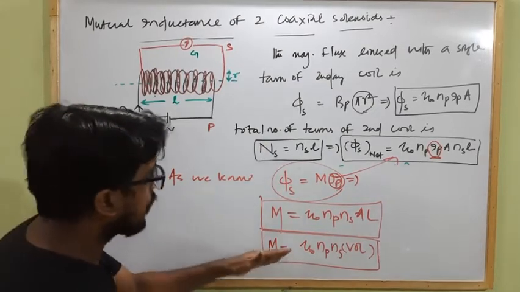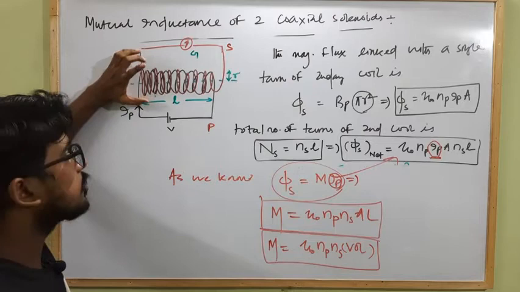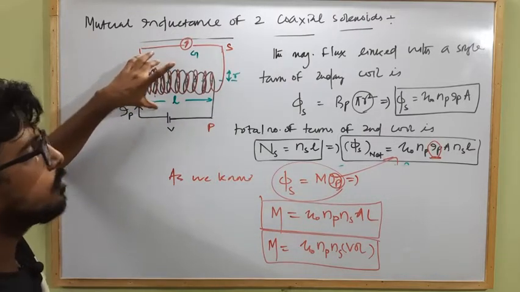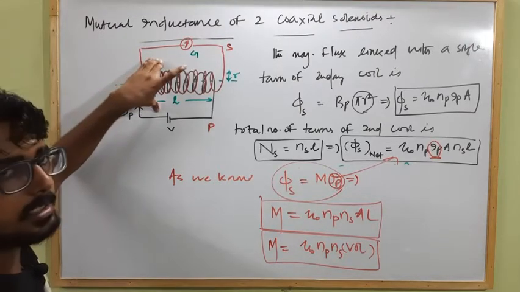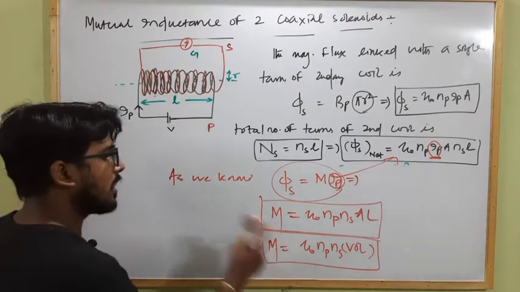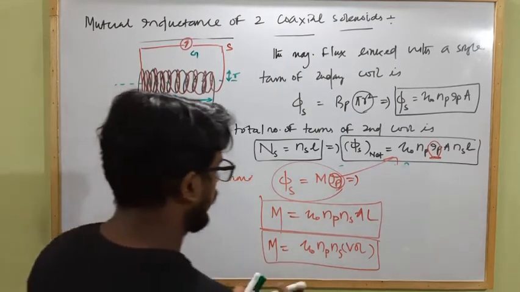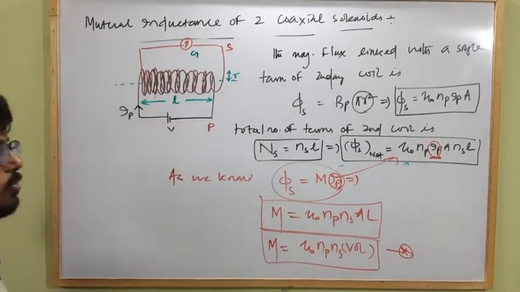And it depends upon the geometry and the material used in manufacturing these two coils, or the pair of these two coils has the same mutual inductance. Clear? So this is the expression for mutual inductance of two coaxial solenoids.